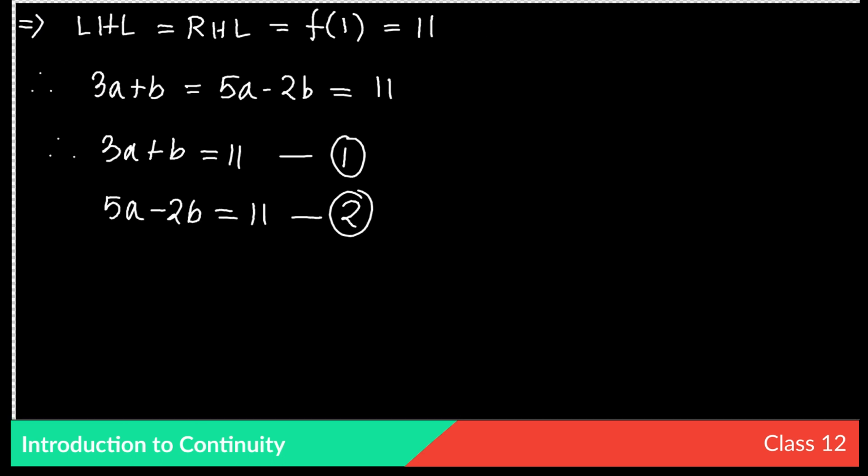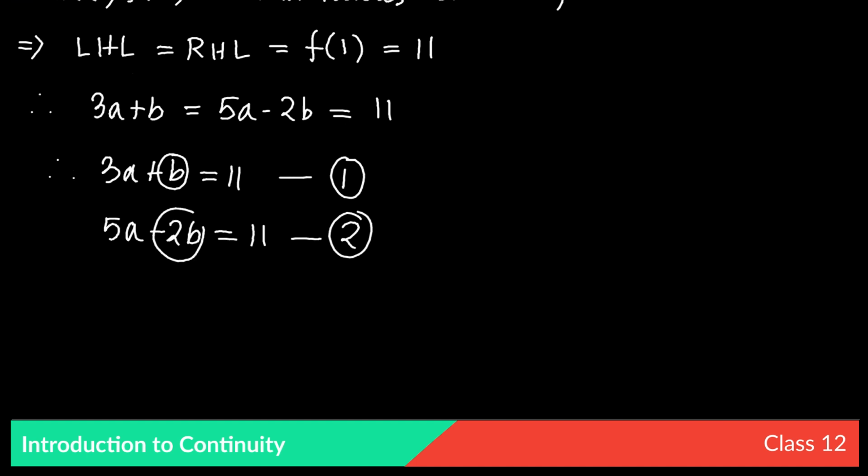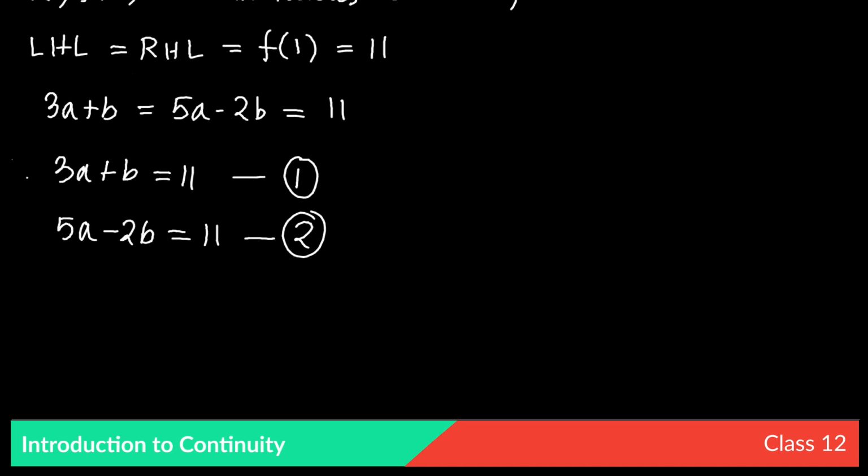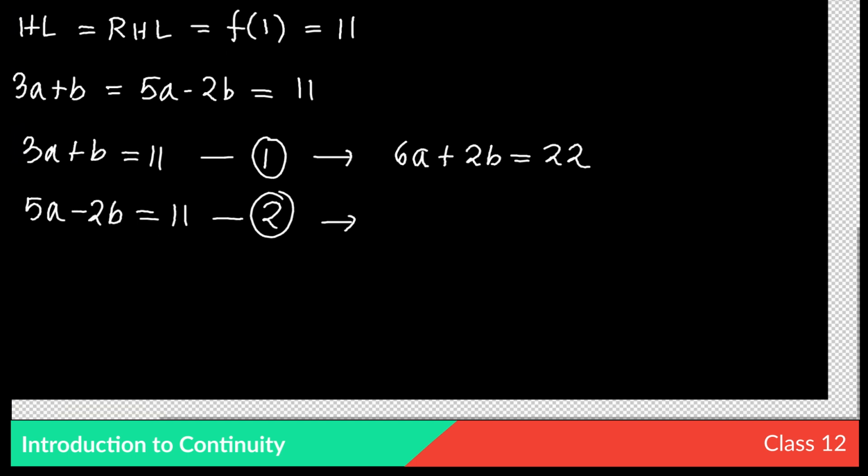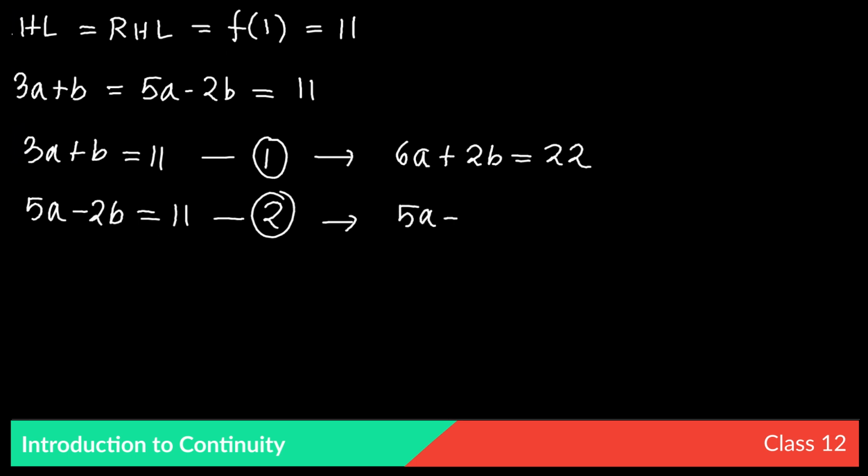Here we have b and here 2b, so we multiply equation 1 with 2 and equation 2 with 1. If we multiply, it will be 6a plus 2b equal to 22, and equation 2 remains the same: 5a minus 2b equal to 11.